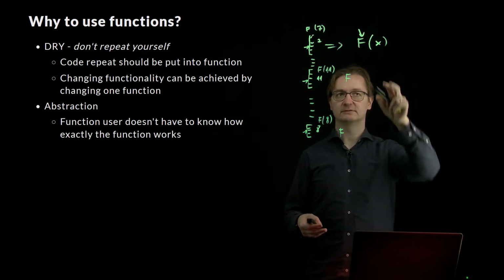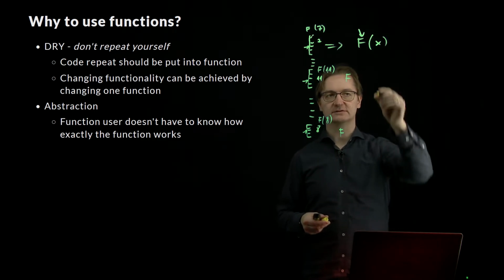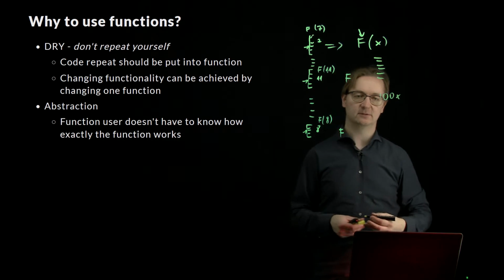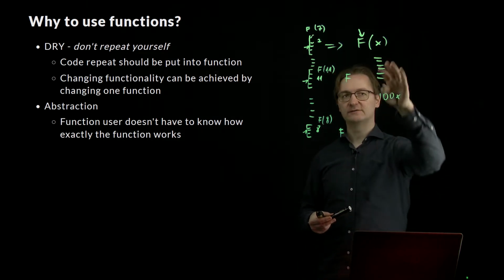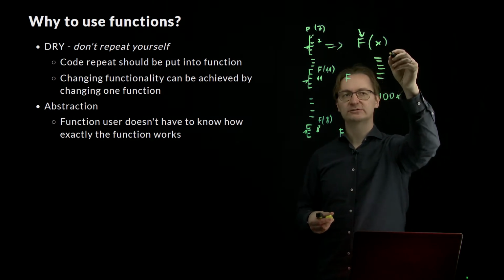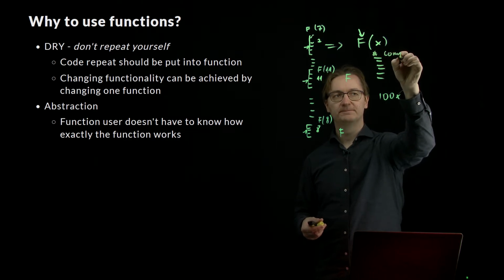So for example, it calculates something, but I don't care about the contents or the body of the function. It can be, let's say, 100 lines long. So if I don't have the function, I only have these 100 lines of code. Of course, I can add a comment here, so I say that it's complex stuff.